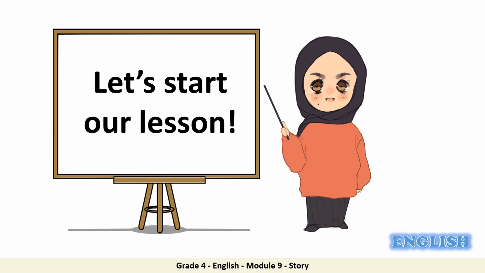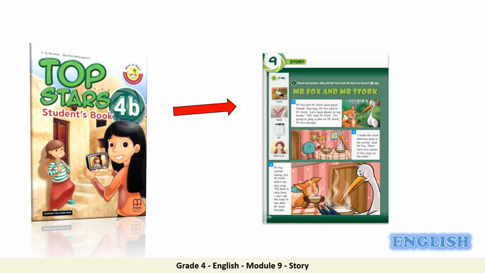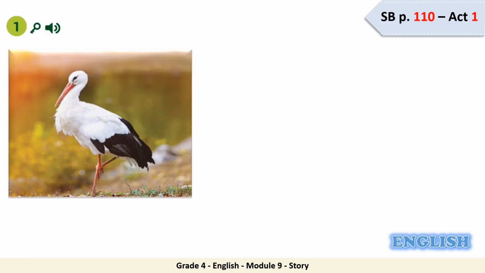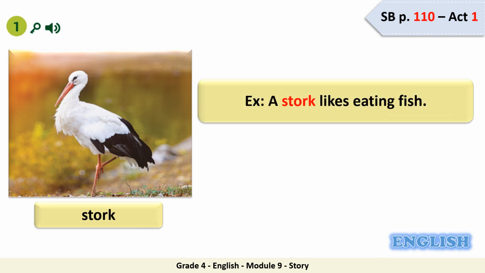Let's start our lesson. Open your student's book page 110, activity 1. And look at this picture and tell me, what is it? Stork, excellent. For example, a stork likes eating fish.